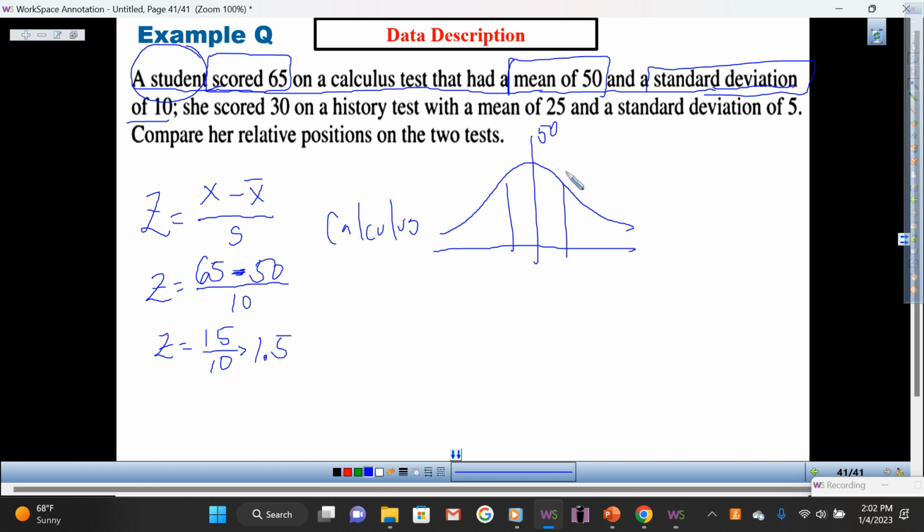So if we started with 50, what would be our second standard deviation? 60. And our third? 80. Okay. All right. And on the negative side, we got what? 40. 30. And 20.